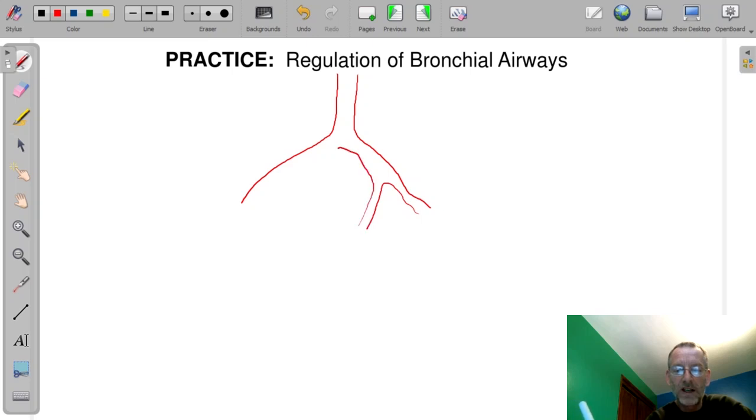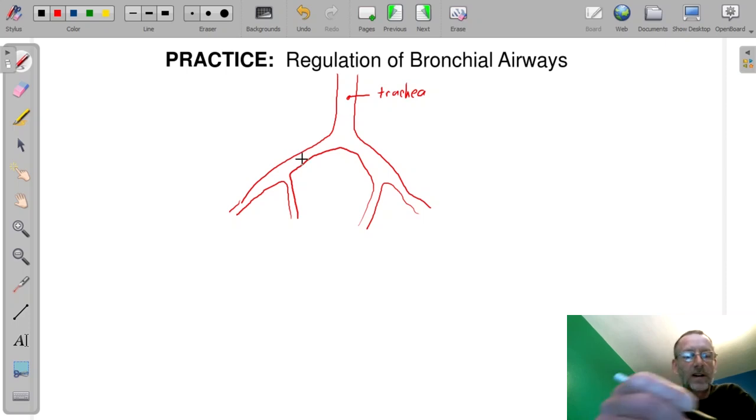So there's some branching airways. So trachea, and then primary and secondary bronchi, etc. That's enough. And then put in some smooth muscle.